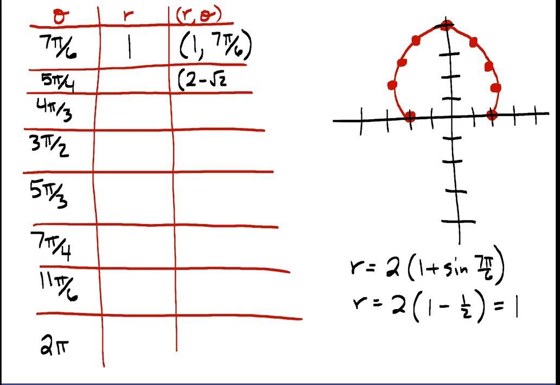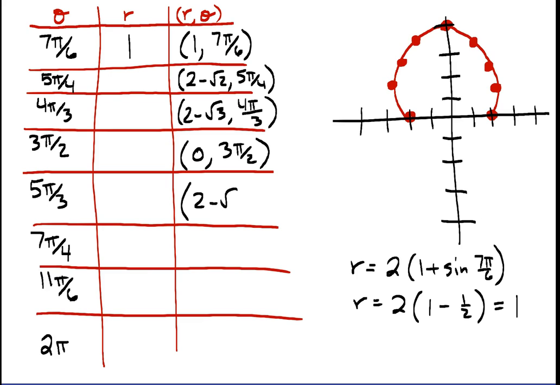So from the previous slide here, I'm just going to fill in the rest that I know. There it is. 2 minus root 3 was for 4 pi over 3. When I plugged in 3 pi over 2, it gave me a 0. When I plugged in a 5 pi over 3 from the previous slide, it gave me a 2 minus root 3.